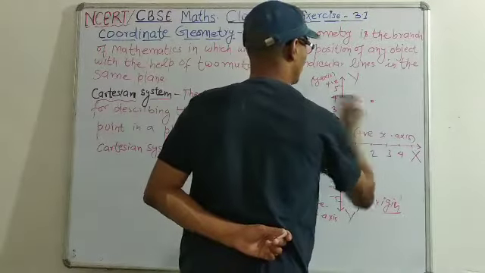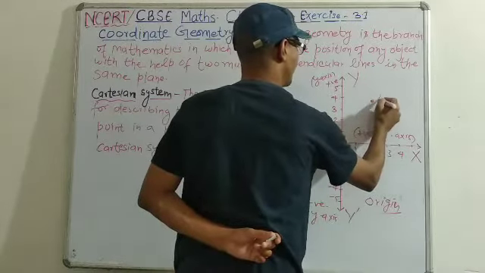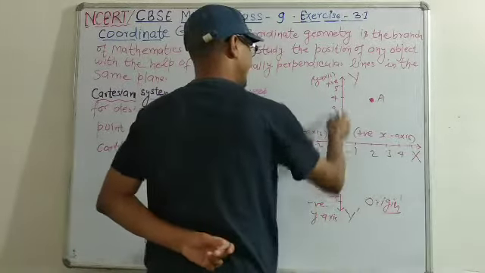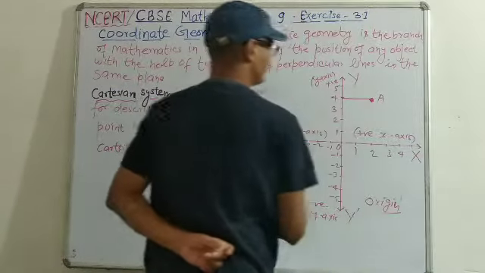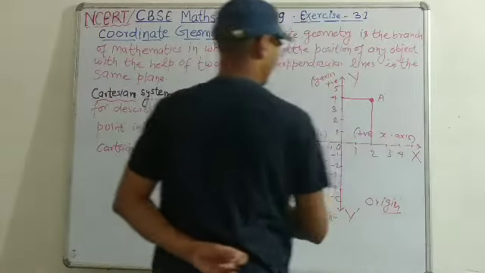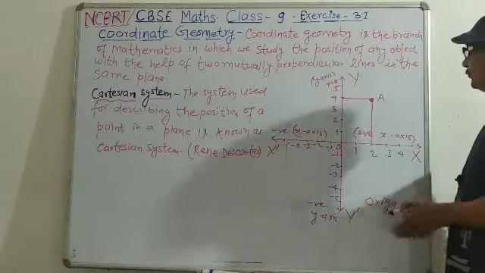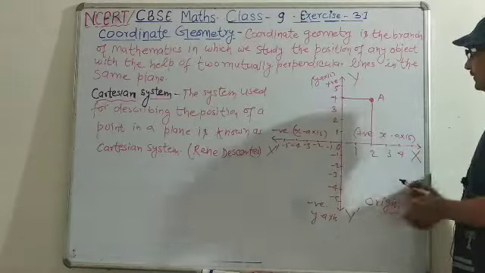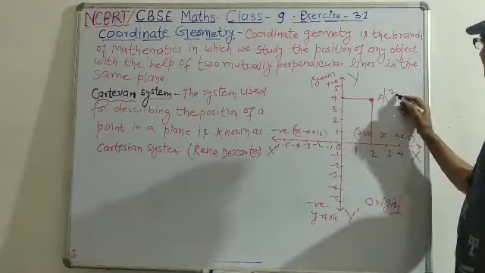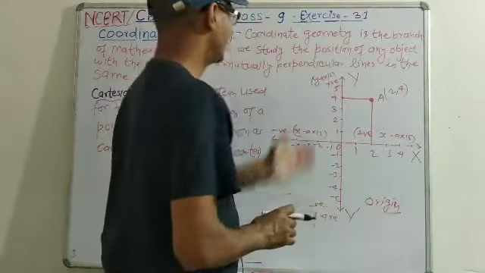Suppose I name the point A. From it we draw a perpendicular to the y-axis, and also a perpendicular to the x-axis. Then we see where the line meets the x-axis. Actually it is 2, and along the y-axis it is 4. So this is the position of A.